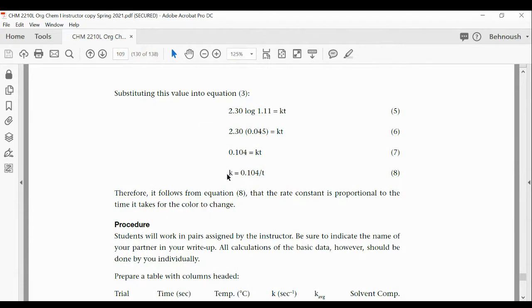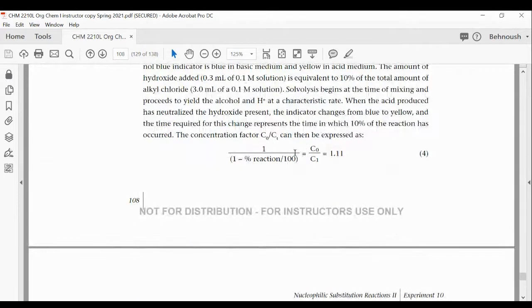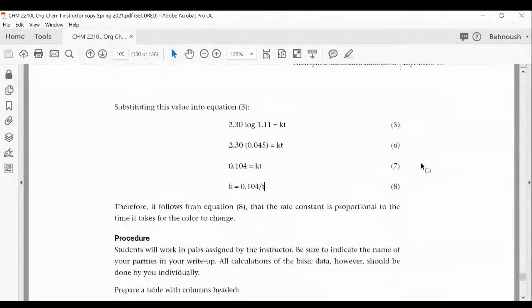With that being said, you can use the equation if you simplify it. So all this work from equation number 4 going to 5, 6 to 7 is trying to simplify it for you. Equation 8 is not universal and is not always true, but we designed today's experiment in a way that when the color change happens, that means 10% of the alkyl halide has reacted.